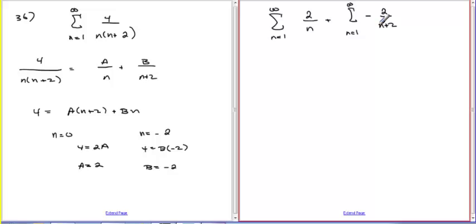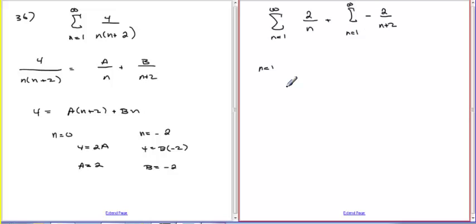So what do we have now? Do we have a telescoping series? Well, actually, let's see whether we have it. Let's just start with n equals 1. We're going to come back to this, so we may not even use that.